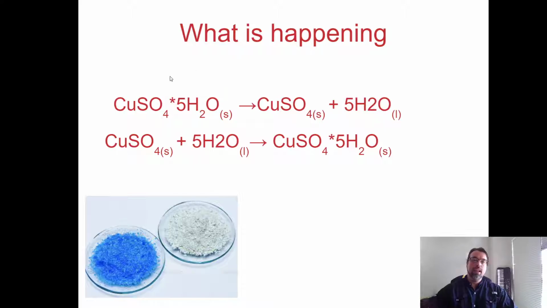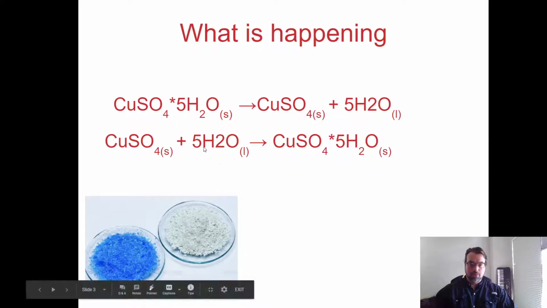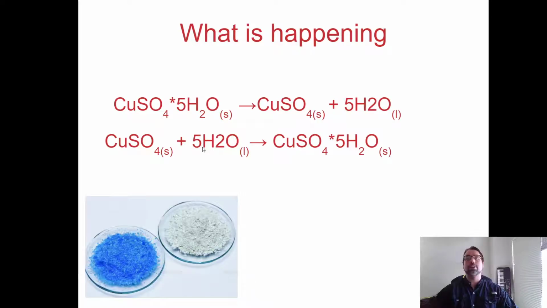In general, we'll get to a point where these reactions end up being at equilibrium. The key thing I want you to realize first here is that equilibrium is actually two reactions that are happening at the same time.